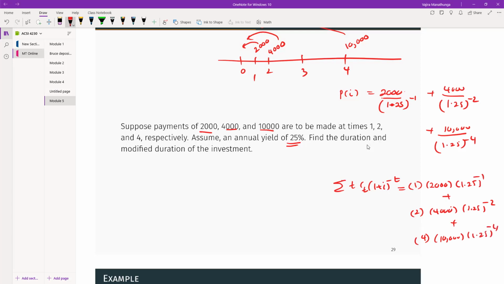So let's use our calculator and see what the answer would be. So 2,000 divided by 1.25. Then 4,000 divided by 1.25 squared. I mean the 1.25 to the 1, not negative 1 here. If you bring it to the numerator, it's going to be there.